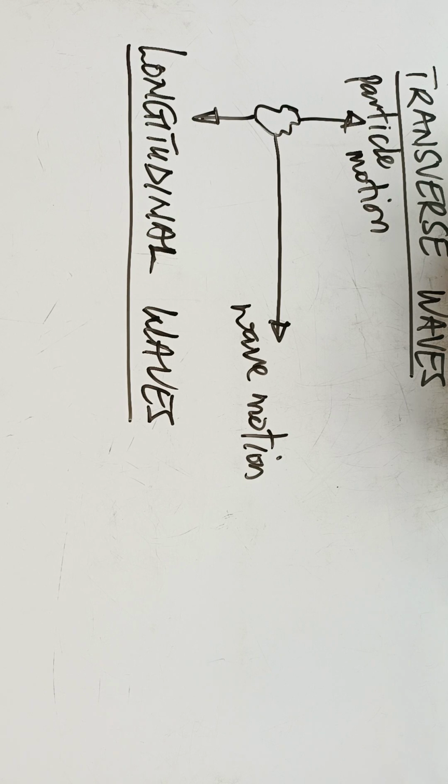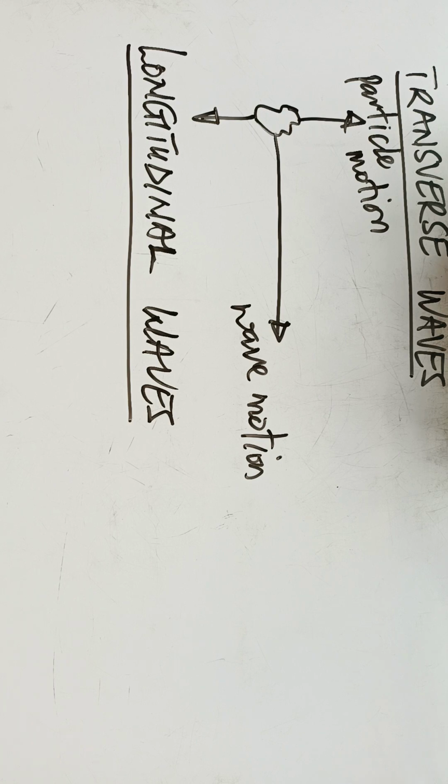All right, so let us consider longitudinal waves. A longitudinal wave is a wave in which the direction of vibration of the particles in the disturbed medium is parallel to the direction of the wave motion.